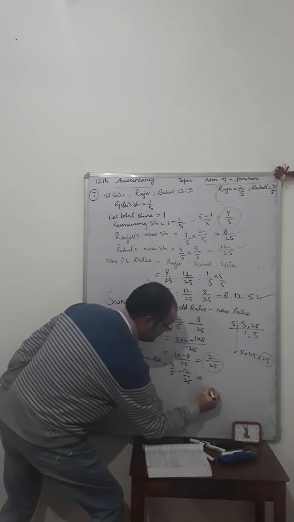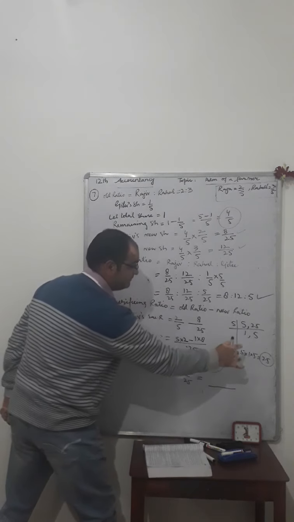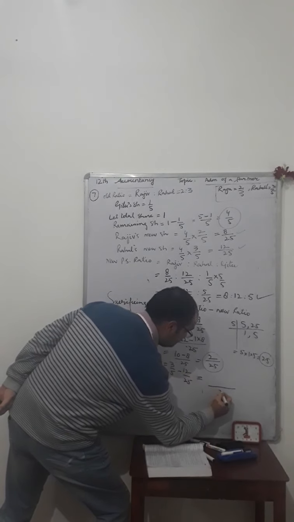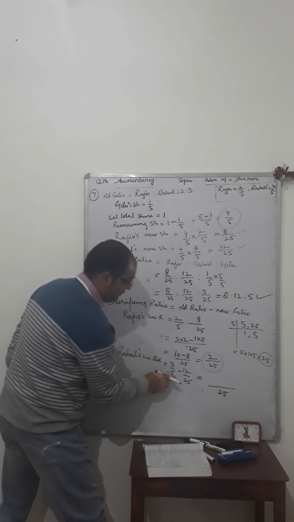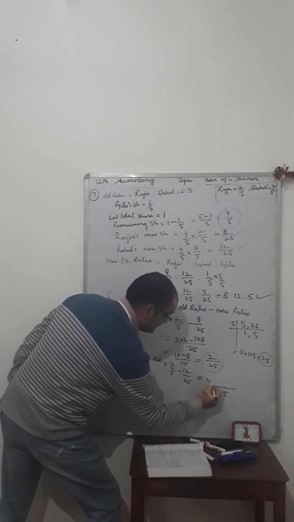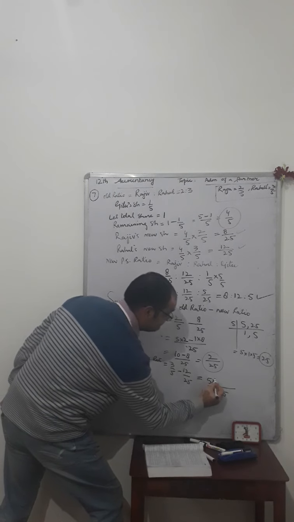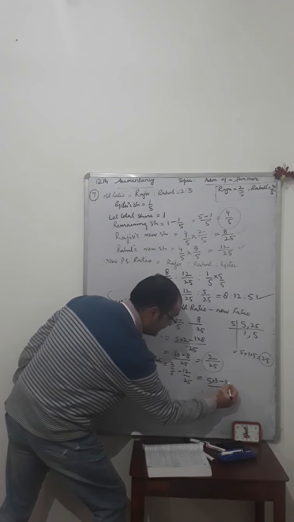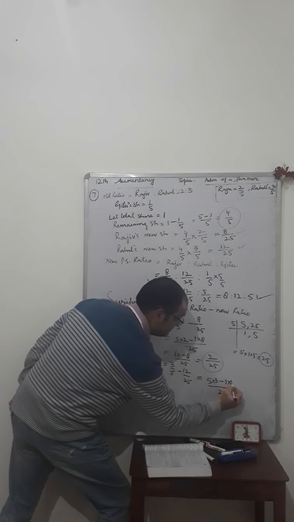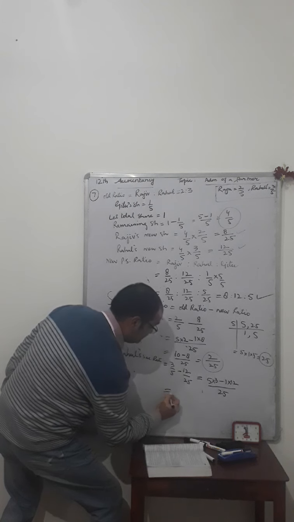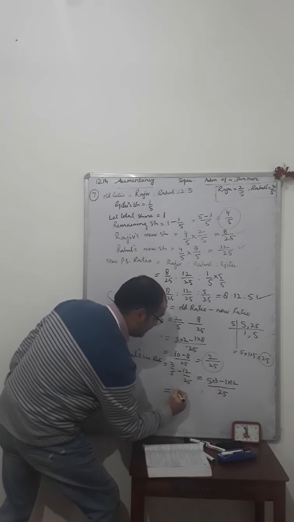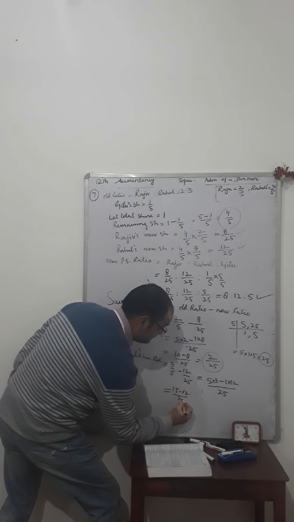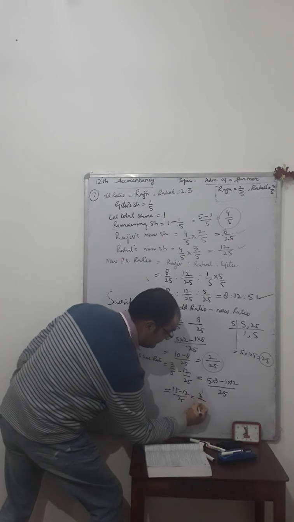Here again we can take 25 as LCM, as I have shown you. 5 fives are 25, that means 5 into this 3, minus 25 ones are 25, 1 into this 12, which is equal to 5 threes are 15 minus 12 by 25, which is equal to 3 by 25.